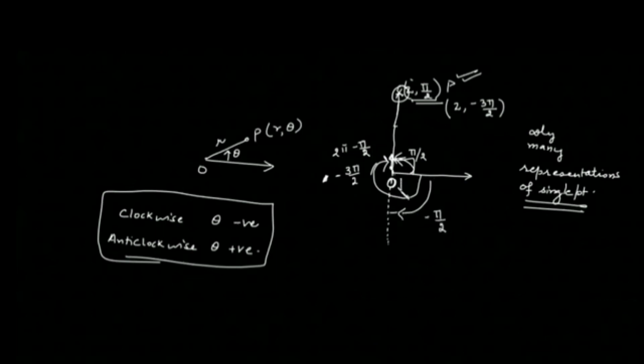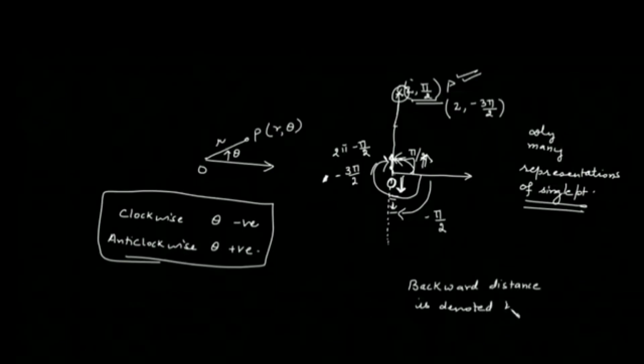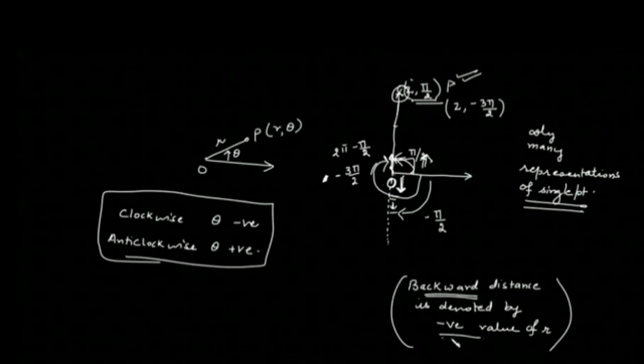Now our face is directed this way, since we have taken the turn this much. If we want to reach the point P, we have to cover the backward distance, and backward distance is denoted by a negative value of r.